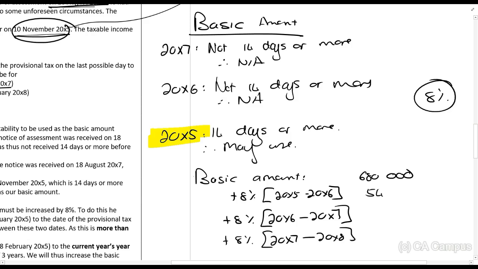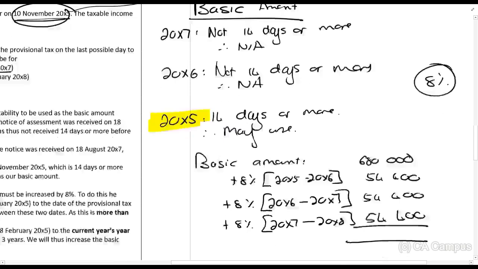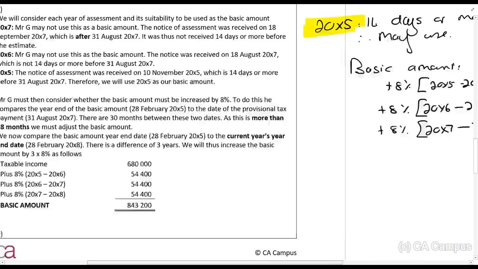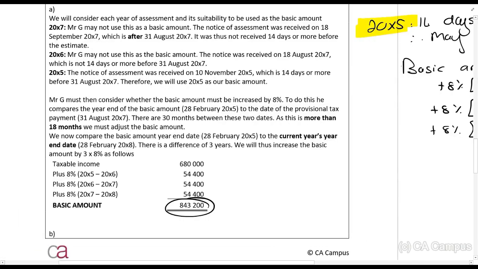Right, so 54,400, 54,400, 54,400. Right, 843,200. That is what our basic amount will be.